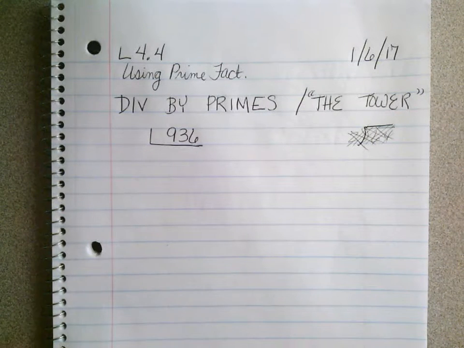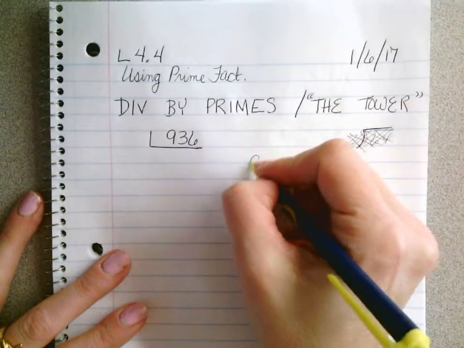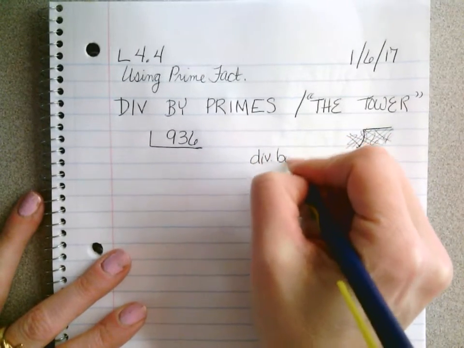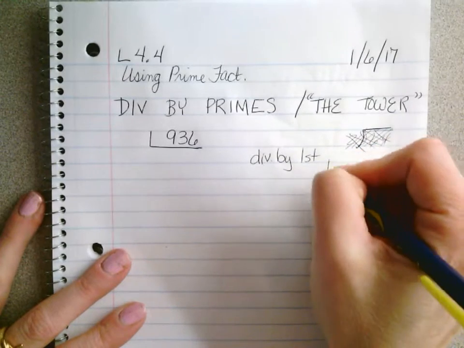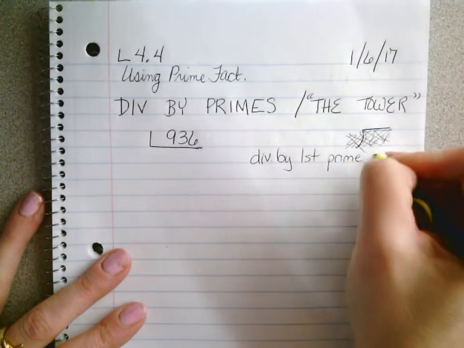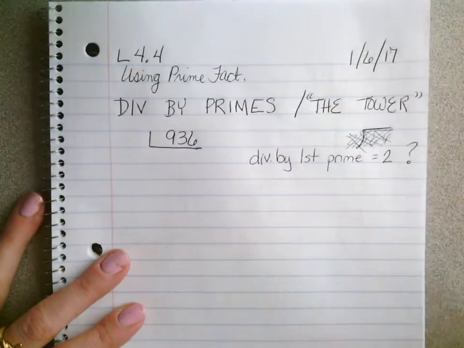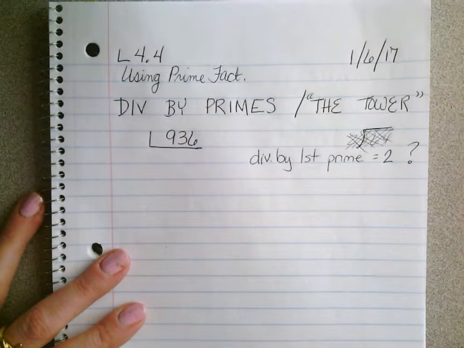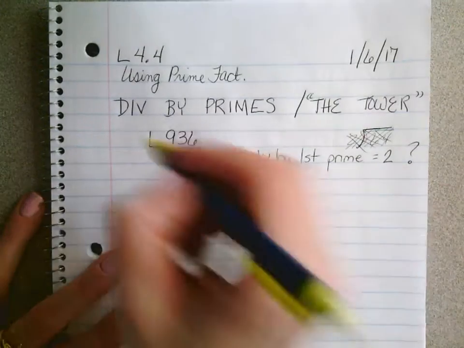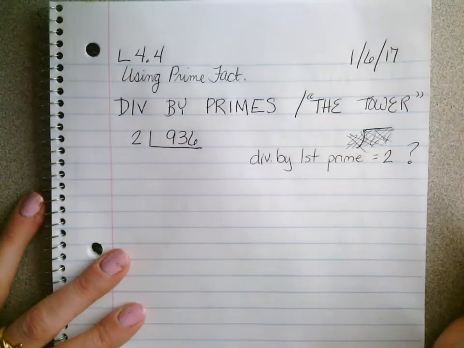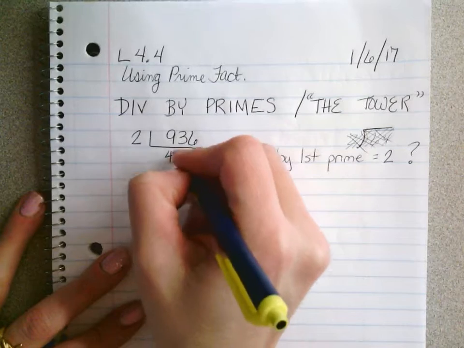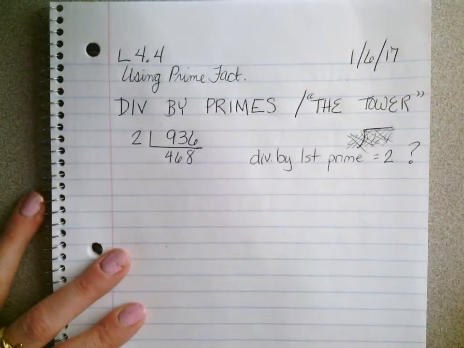The question you ask yourself is, is this number divisible by the first prime, which happens to be 2, right? Is this number divisible by 2? Anybody know? Yep. What's the result? 468. Please check my arithmetic.